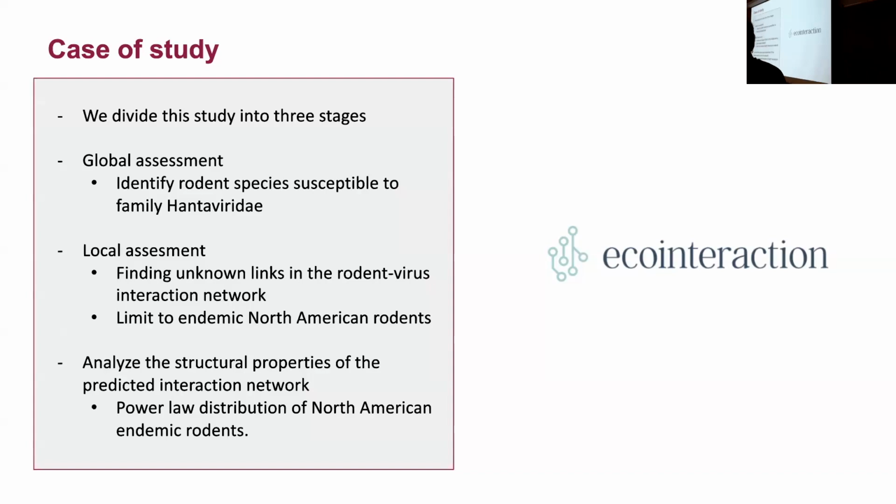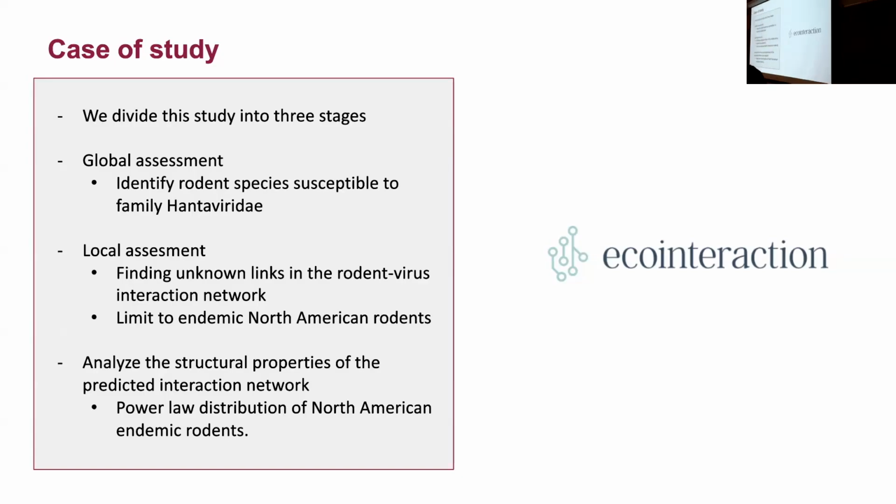So what we want to do in the global assessment is find the rodents that are susceptible to all the family of Hantaviridae. In the local assessment, we want to find new interactions. That's more powerful because there are some interactions that have not been recorded, and our model provides some information there.